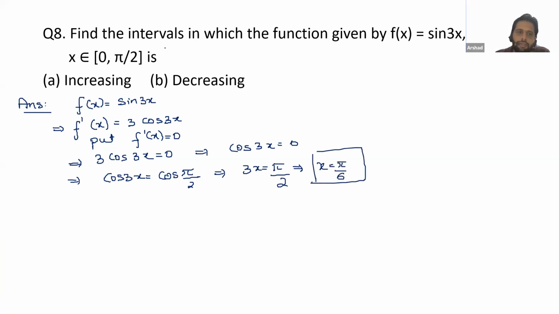Always remember the value of x should belong to this interval 0 to pi by 2. So this value of x, pi by 6, lies in this interval. So that is fine. Now I need one more value. Atif, can you tell me one more value for which the cos is 0?